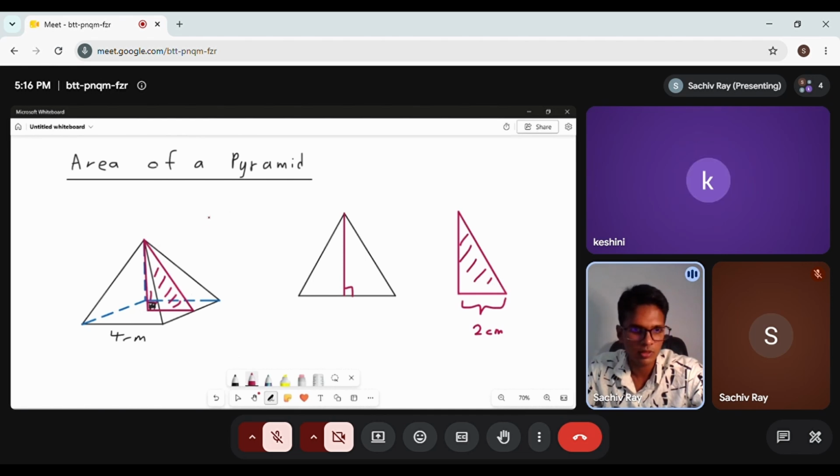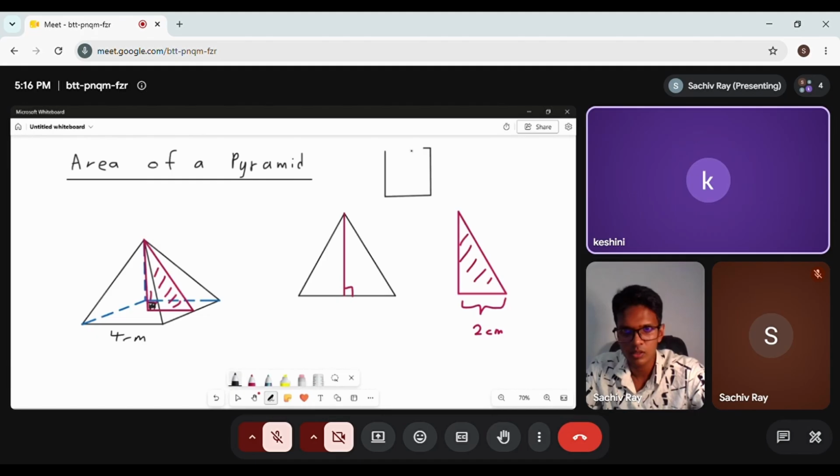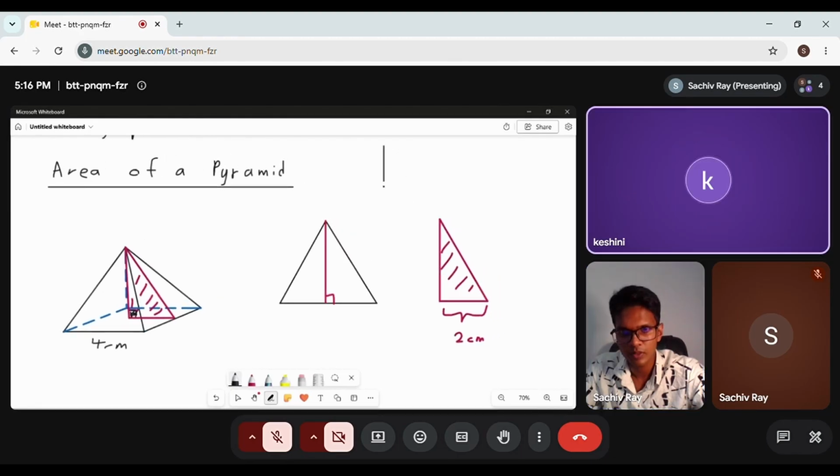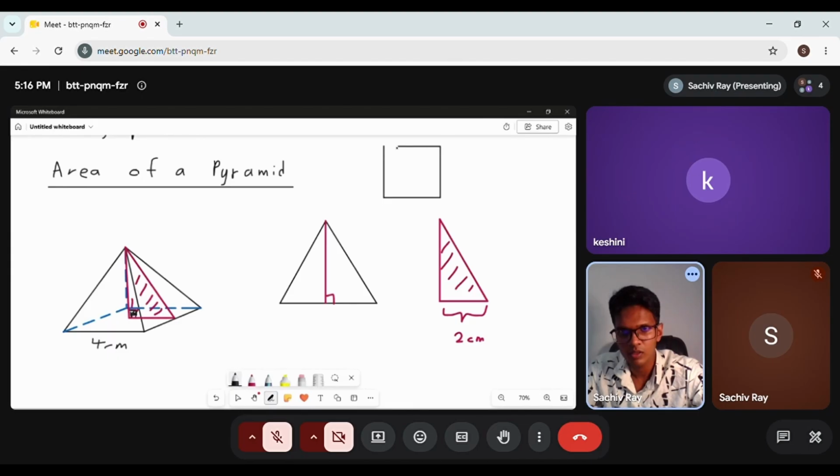Now if I draw the bottom square, it will look like this. So that will be 4 centimeters, and this will be 4.